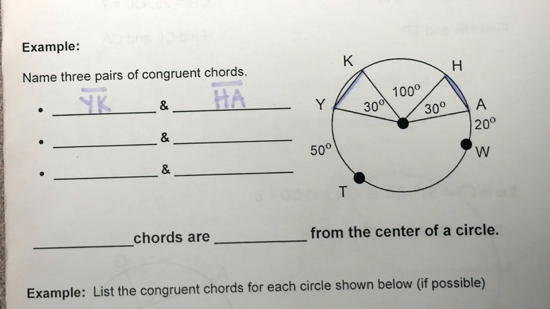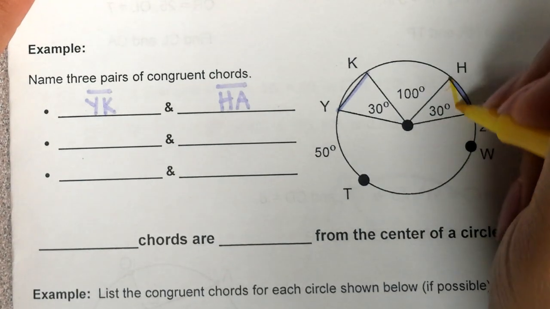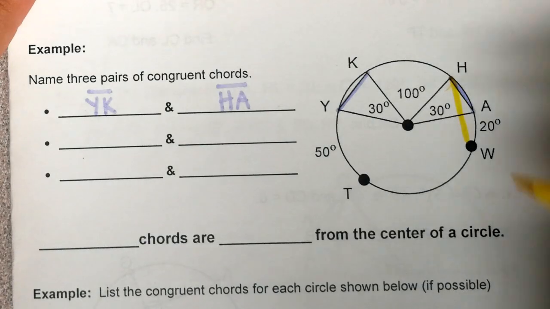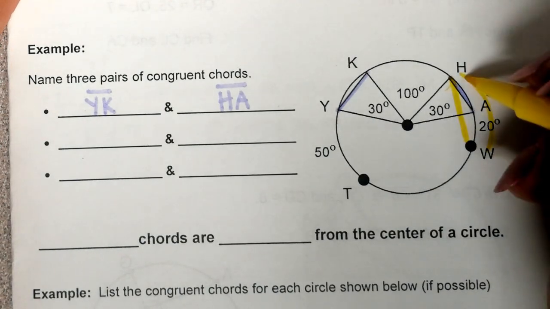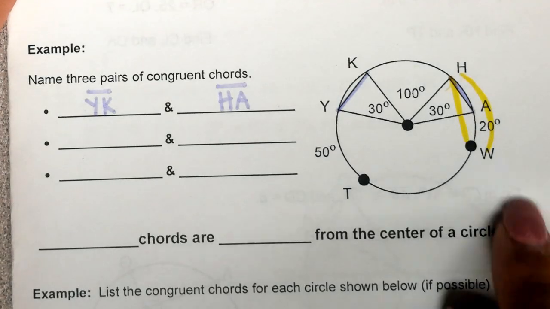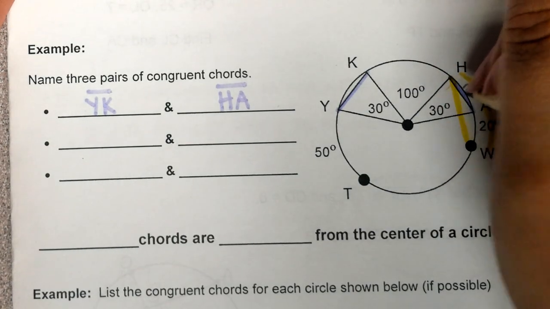Can anybody give me another one? Louder. HW. HW is how much? Do y'all agree H to W is, this is what? 30 right here. Do y'all agree with that?